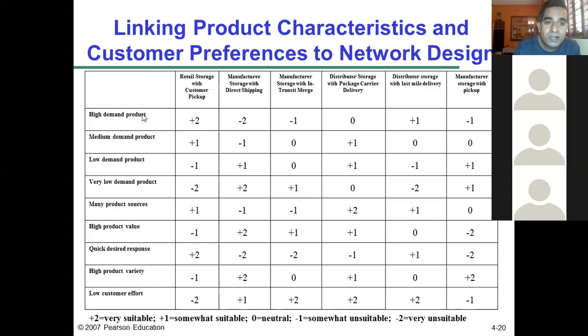This way, depending on the product characteristics, a company chooses the type of distribution network suitable to the respective product characteristics of what the company is selling. So this is how a company makes its choice of the different types of distribution networks.